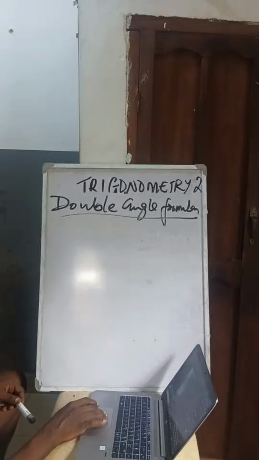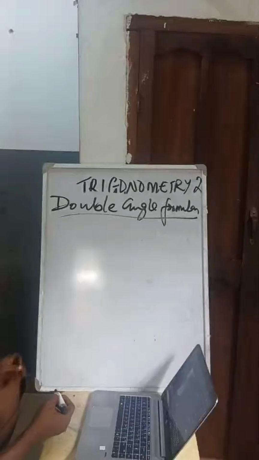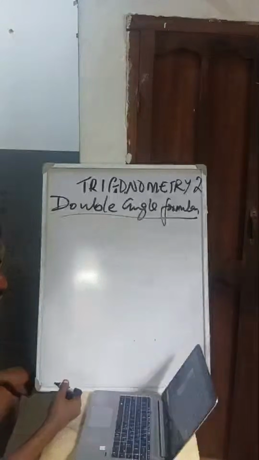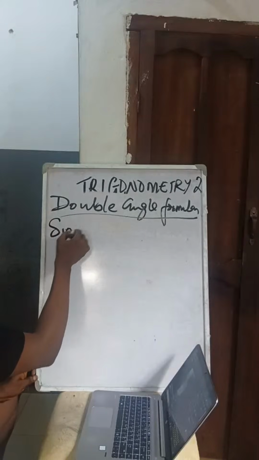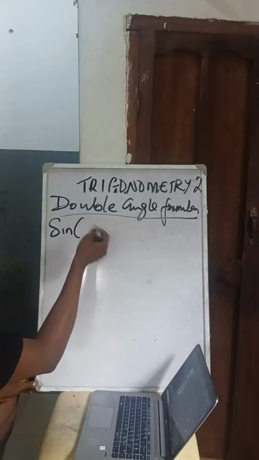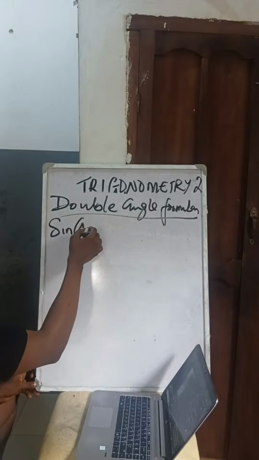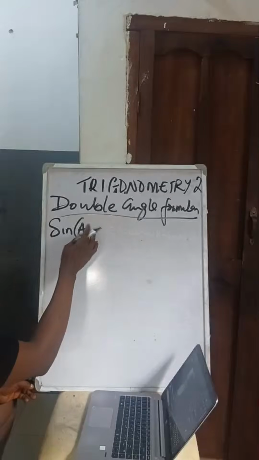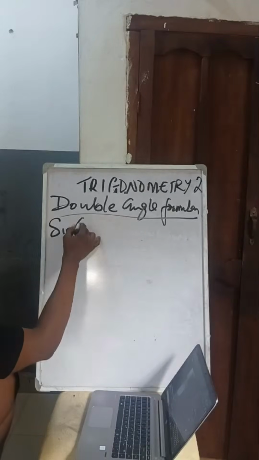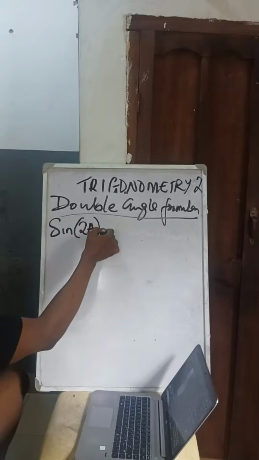You are welcome. Now, when we talk about the double angle formula, we go back again. Remember our double angle formula, meaning 2 of A, double angle. So when we have 2A, you know what that means?